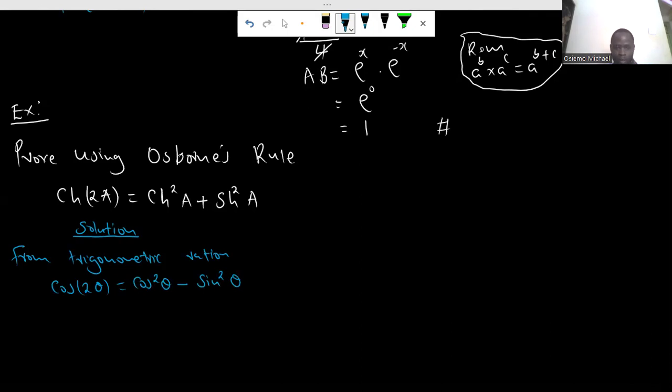Now, from Osborne's rule, what does it say? It says that a cos or a trigonometric ratio can be replaced with a corresponding hyperbolic function, except where you have the product of sines.